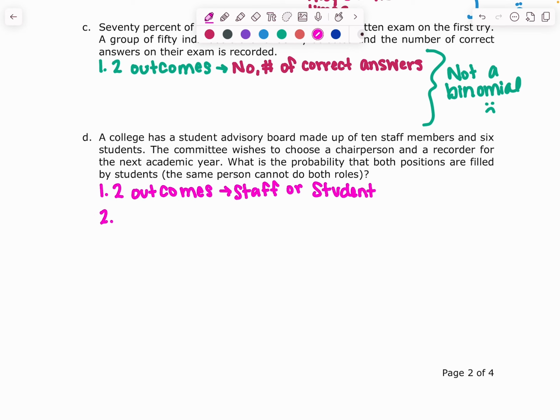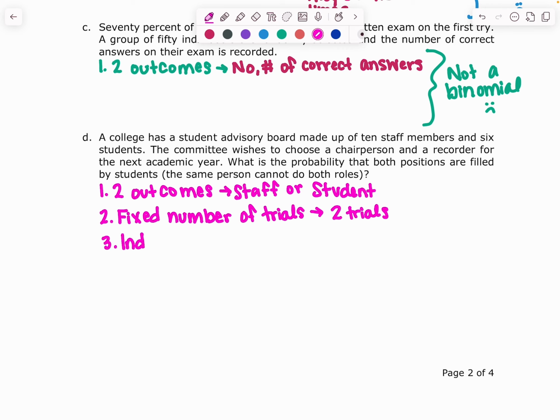Second thing, do we have a fixed number of trials? Yes, we have 2 trials. There are 2 positions, so we're only going to be picking 2 people.